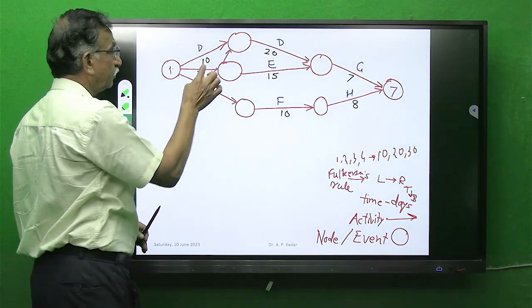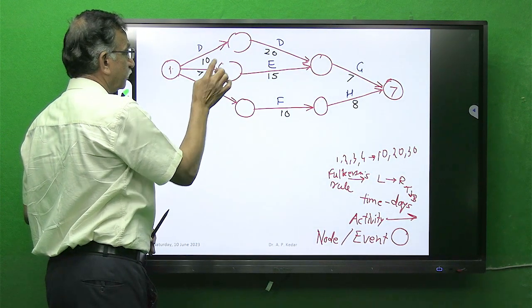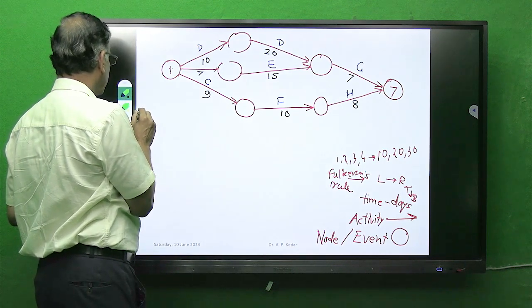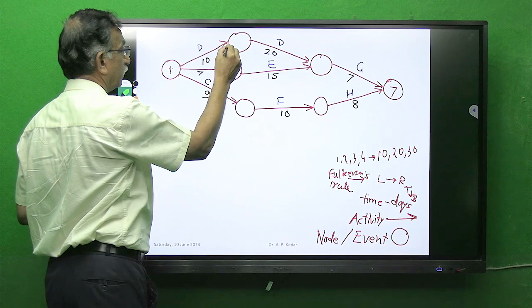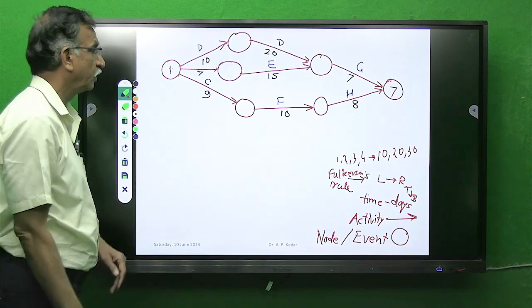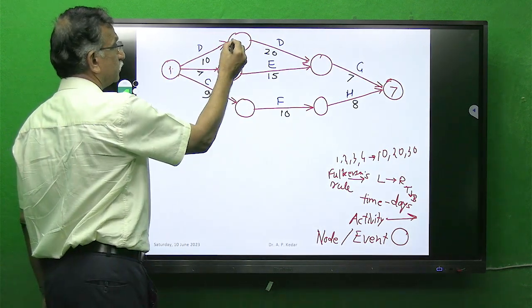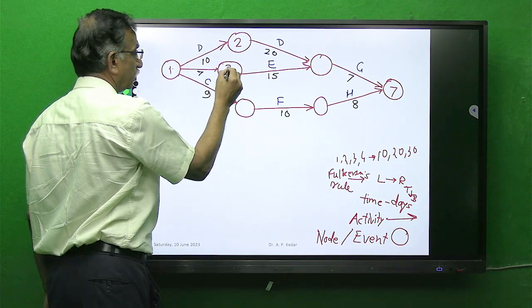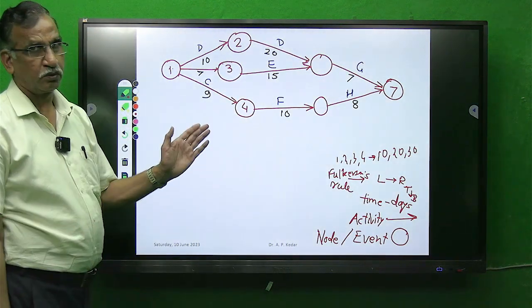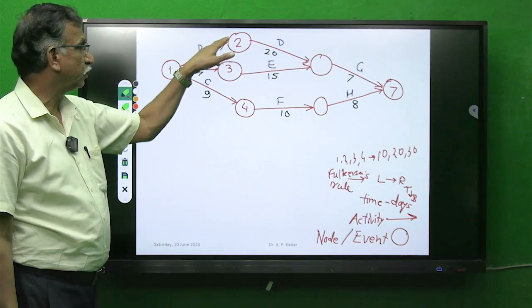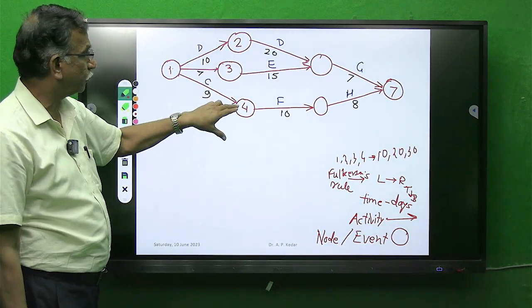Now we'll omit this particular arrow and we'll go by our original diagram like this. So 2, 3, 4. You have to follow the rule.